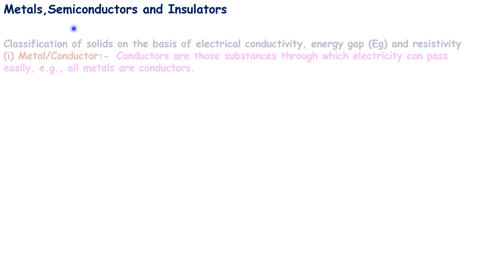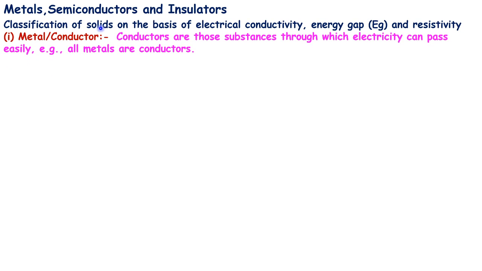So here we have metals, semiconductors and insulators, and how they are separated. The classification of solids is on the basis of electrical conductivity, that is energy band and resistivity. All metals are good conductors.